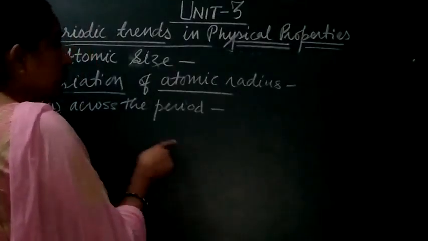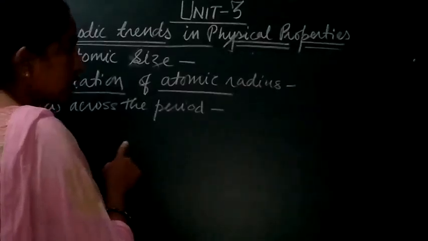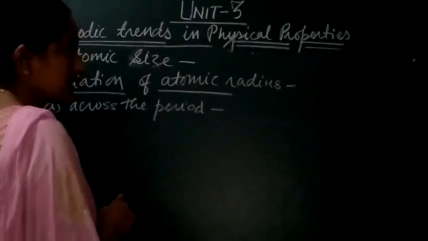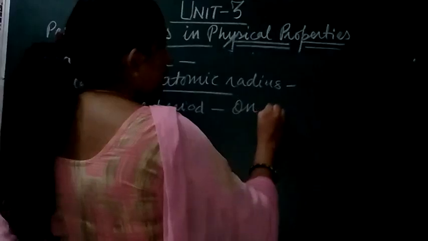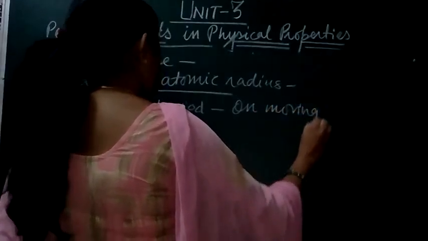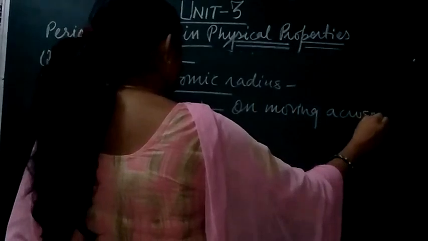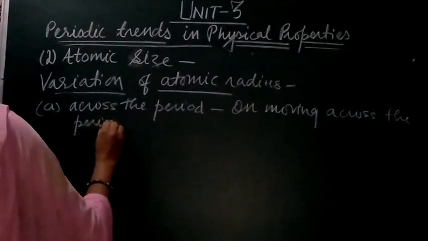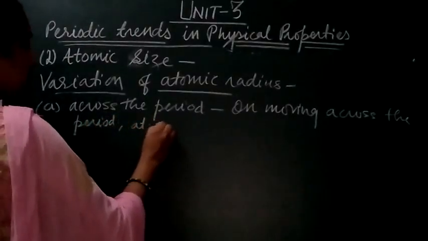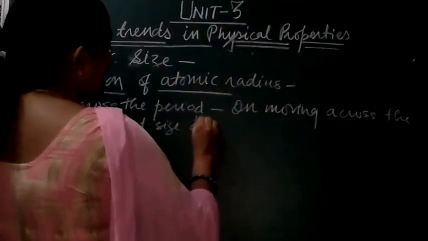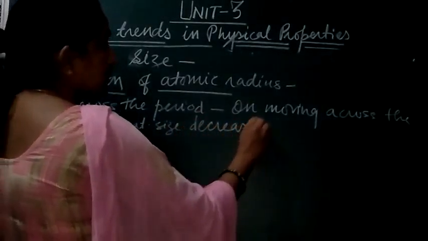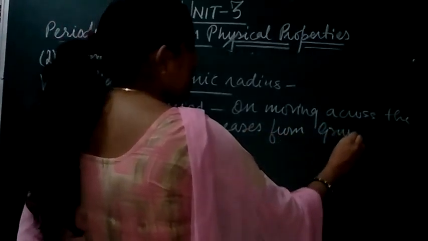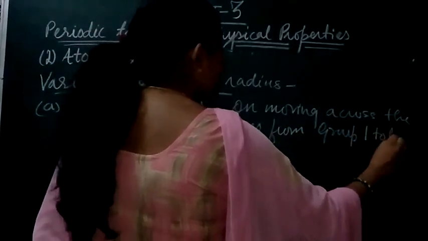Now from group 1 to group 17, when we move across a period, the atomic size decreases, right? So on moving across the period, atomic size decreases from group 1 to group 17.